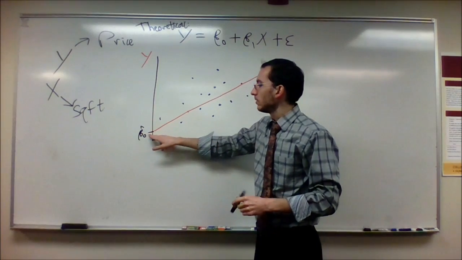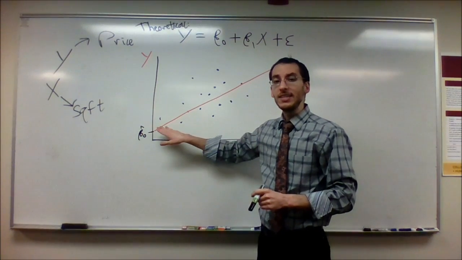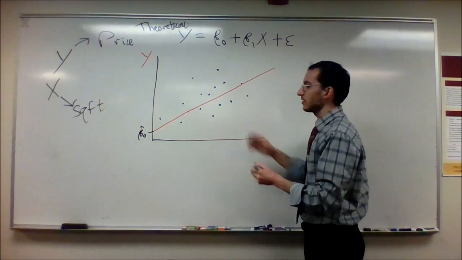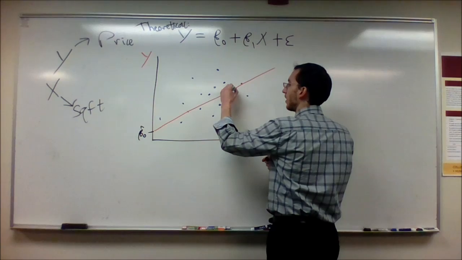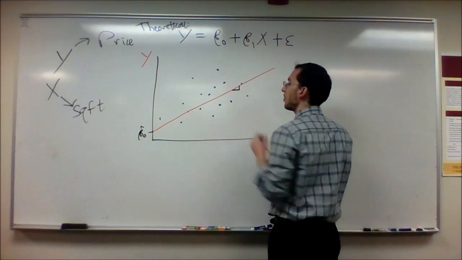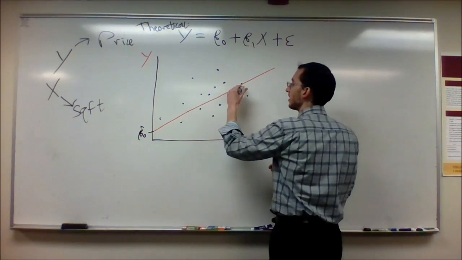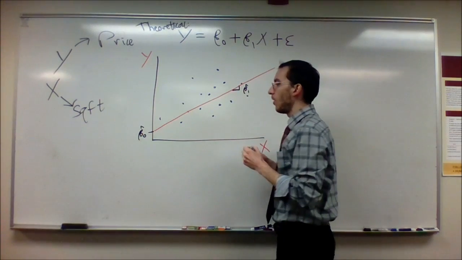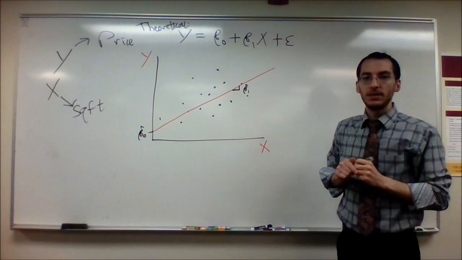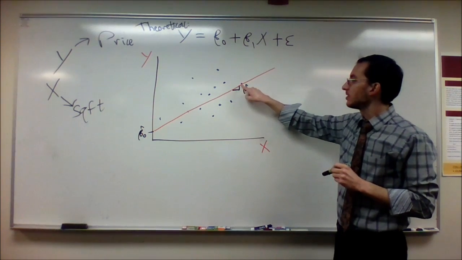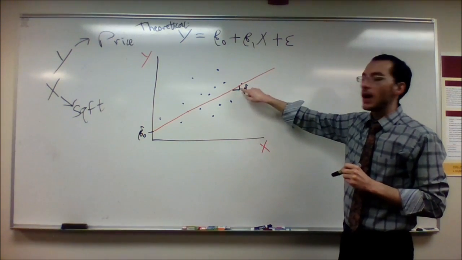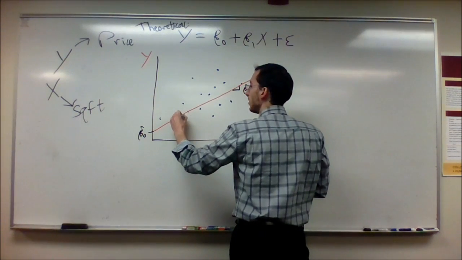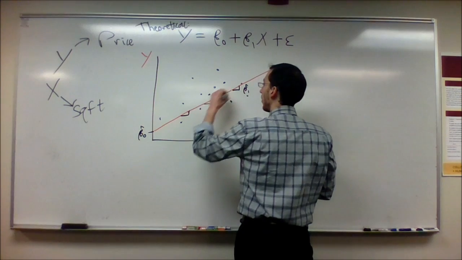So I put a little hat to indicate this is the estimated intercept. And because it's a line, I can indicate a slope on here with beta 1 and a little hat. And to represent this idea of a rise over a run. So this line has slope beta 1 all along here.